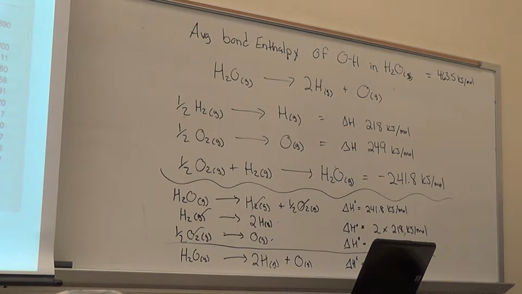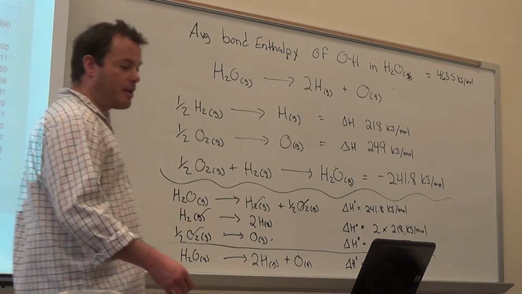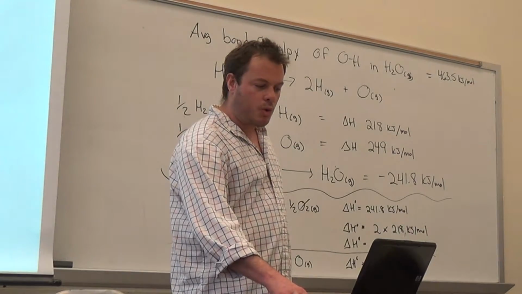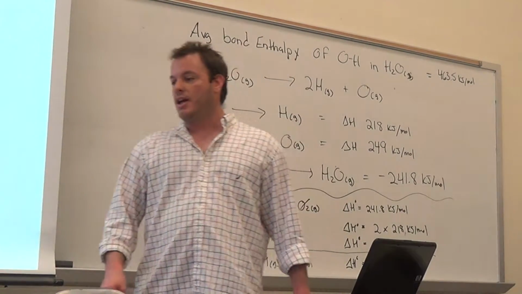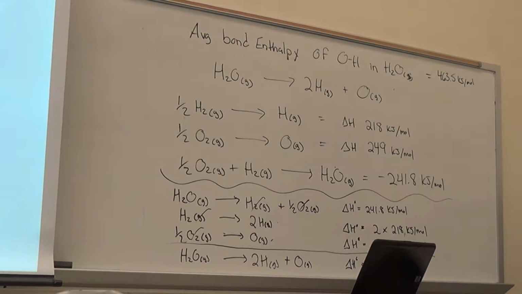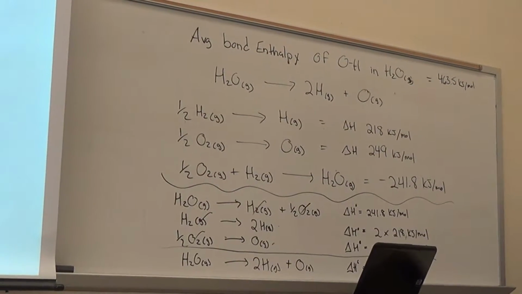We told you that can be done, and now we're just going to look at an example of that actually being done. We're going to look at a technique called bomb calorimetry. Bomb calorimetry is a process that you can use when you have a system that includes some gas phase precursor.